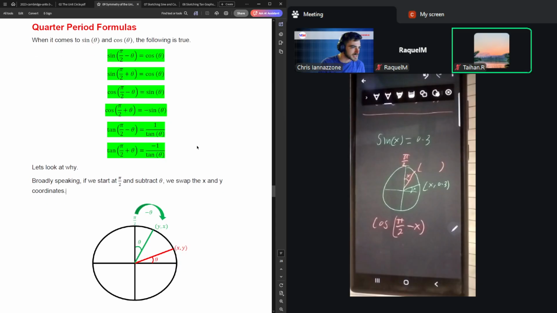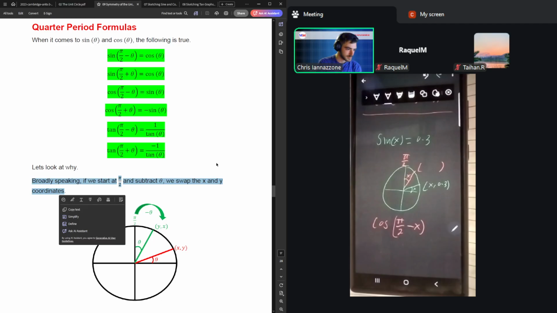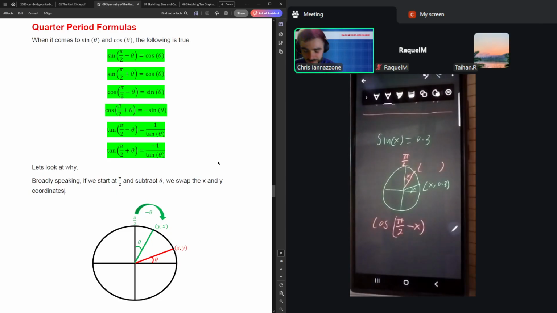I guess this is the exact example, kind of. Anyway, it'll test your reading comprehension at the very least. So what happens to the coordinates when you have pi over 2 minus theta? Swapping the x and y, that's it.